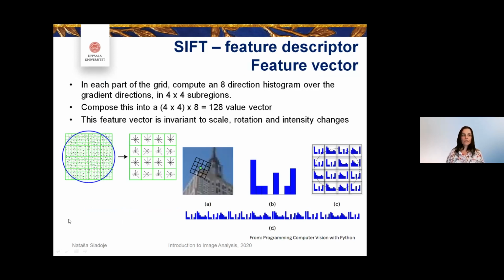Finally, within that patch, we want to essentially encode this characteristic structure, this content that exists in the patch around the detected feature point. And that is done by further subdivision of this 4 times 4 region into 4 times 4 subregions, each of them, and looking at the histogram of gradients.